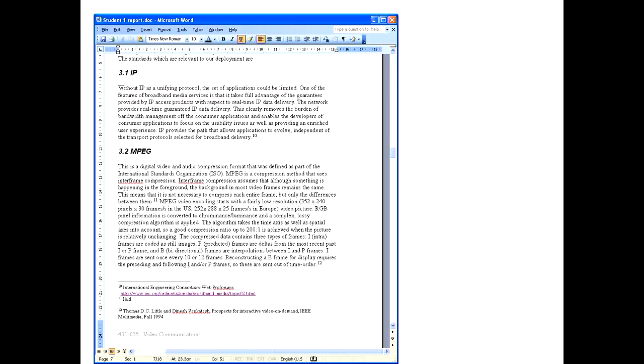So this is a report that someone submitted in this project a number of years ago, and in writing this report, they've provided this paragraph about IP. I can't remember what the actual report was about, but it doesn't matter. There's this paragraph here which has a reference 10, so we know that they got some information from there.